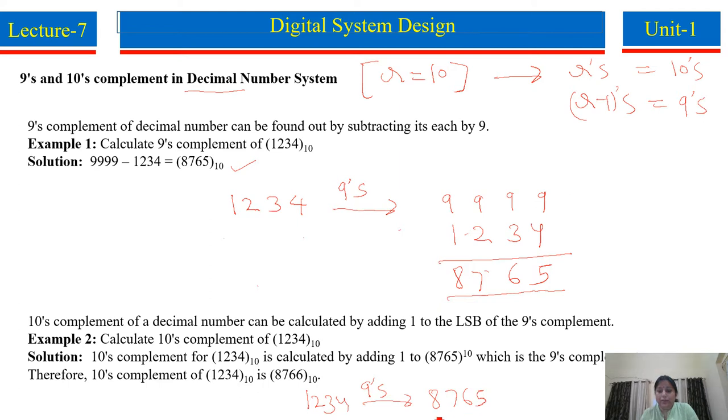Then you add 1 at LSB location, so you get 8, 7, 6, 6. This is the 10's complement of the given number, 8766. So for any number system, you always calculate two complements, r and r minus 1. First of all, you calculate r minus 1's complement, then you calculate r's complement.